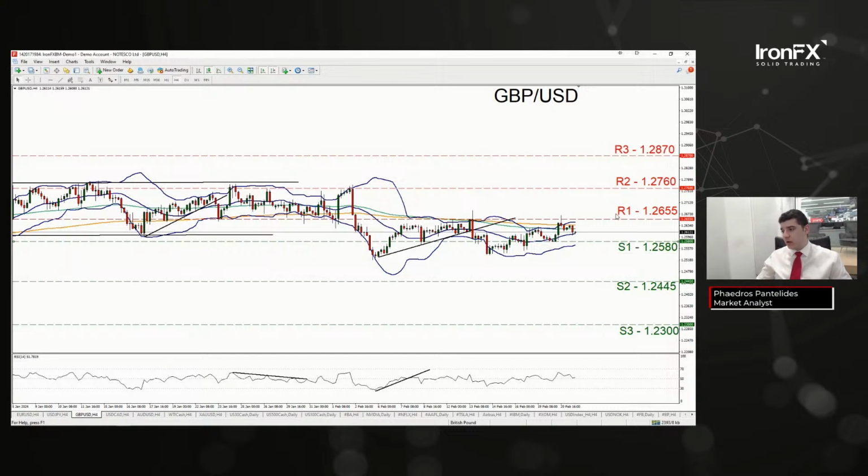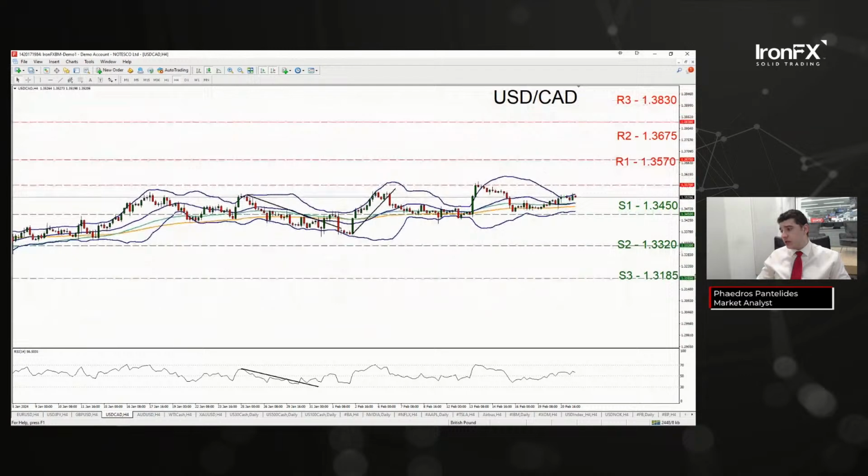Breaks above R1, bullish outlook. Now note that there's also the formation of an upwards moving trend line, not too steep, so it could be a gradual incremental strengthening of the British pound. So it continues to validate this upwards moving trend line. It could maintain a bullish outlook as long as it does break above R1. If it does not, sideways. Bearish outlook, I don't see that case yet, but if it breaks below S1, next target S2, 1.2445.